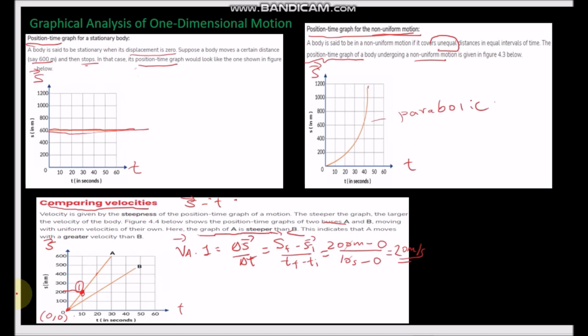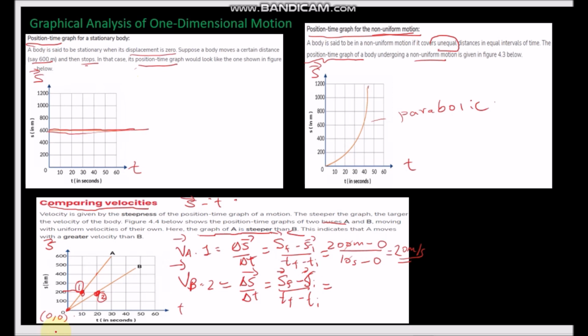Let's find again the velocity of bus B at, let me say, point 2, because this graph is for bus B. That means change in S over change in time, which is given by displacement final minus displacement initial over T final minus T initial. What is the initial and the final? The initial values, both of them, are 0.